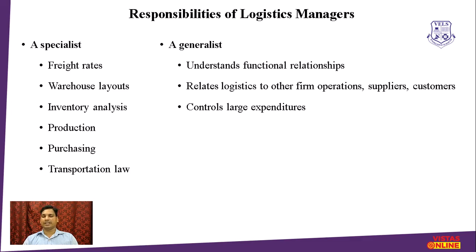Controls large expenditure. Being a logistics manager, when a vehicle is moving long distances, you need to be aware of where we can minimize the cost or expenditure. For example, a vehicle moving from Chennai to Chhattisgarh: you should know how many kilometers the distance is and in which state you will get low-cost fuel.